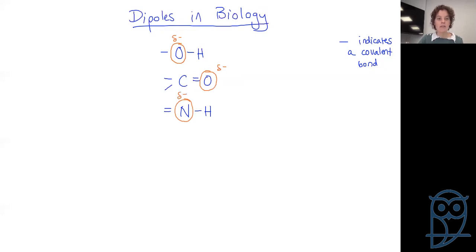So that makes the other pieces delta plus. So this will be delta plus, this will be delta plus, and this will be delta plus. Now these are pairings that we come across a lot in AS biology. And what happens is that you get a hydrogen bond forming between a delta plus and a delta minus.